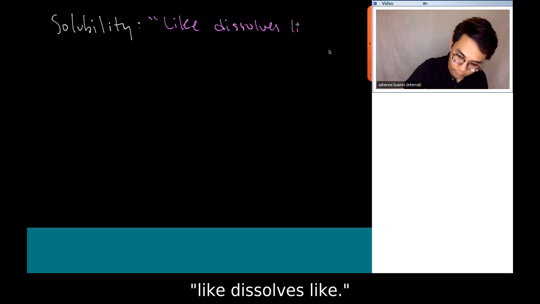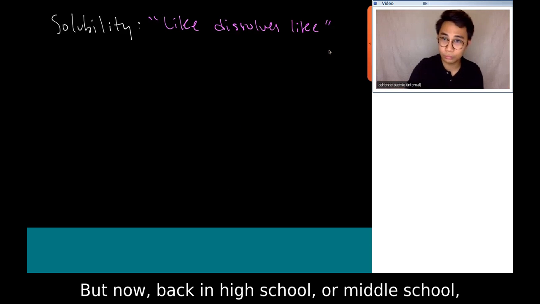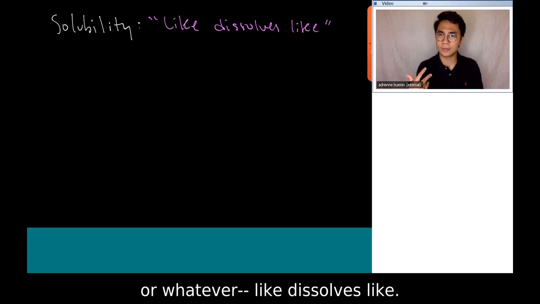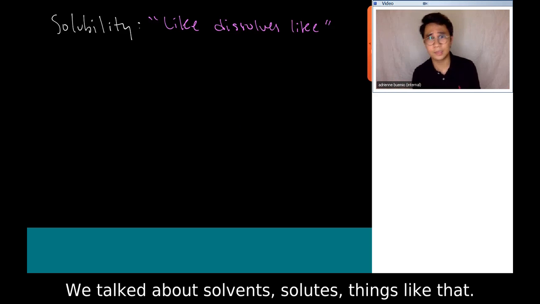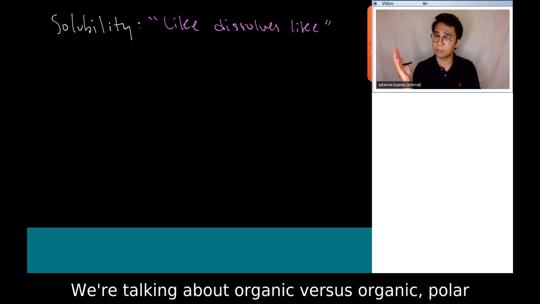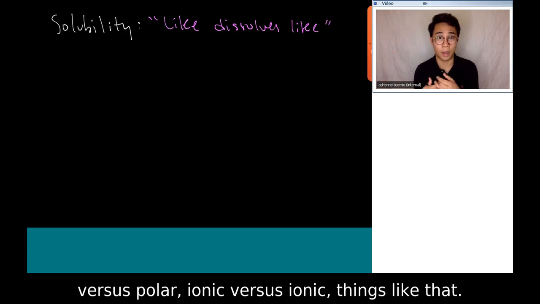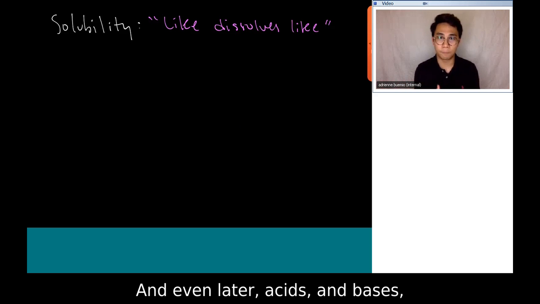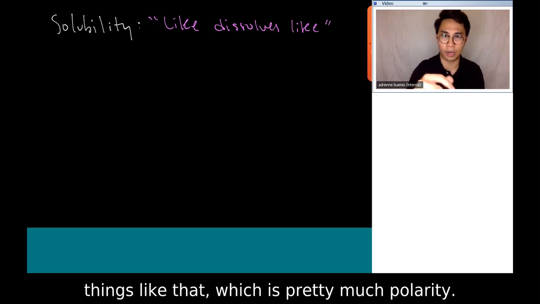Like dissolves like. Back in high school or middle school, we talked about solvents, solutes, things like that, right? But now we're taking it a step further. We're talking about organic versus organic, polar versus polar, ionic versus ionic, and even later acids and bases, which is pretty much polarity.